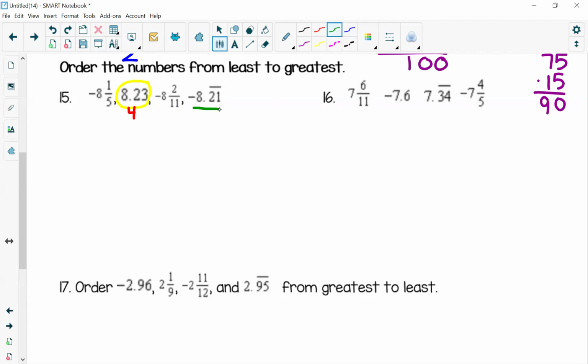-8 and 21 hundredths. Here, I can either divide, but I know it's hundreds, so I'm going to go 100 here. And I could say 5 can go into 100 20 times. So 1 times 20 is 20. So I could do -8 and 21 hundredths. Now I know some of you did that, and some of you just divided.